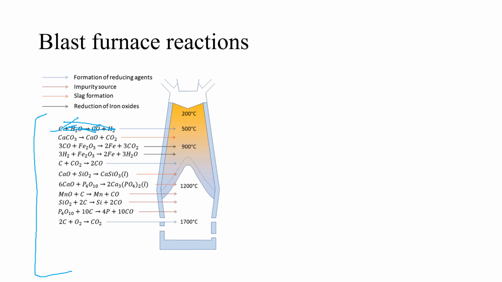That carbon monoxide helps in the reduction of the iron oxide. CO reacts with Fe2O3 and gives us iron. This is the direct reaction. Many times it forms magnetite, that is Fe3O4, and then FeO and Fe. These are both direct reactions.